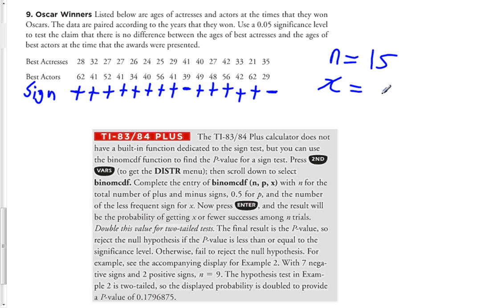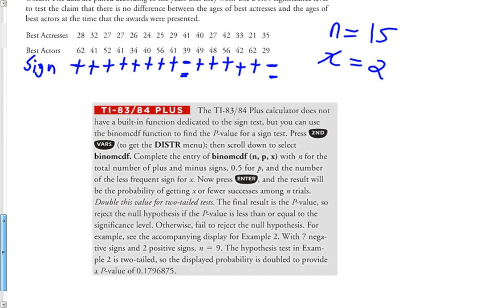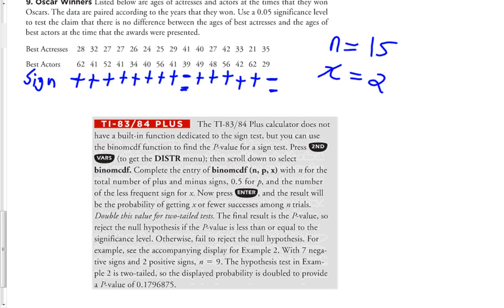So x is equal to 2 because there are two negative differences. All right, so we've identified n and x. And now all we have to do is use this information in the TI-83 to come up with the p-value.